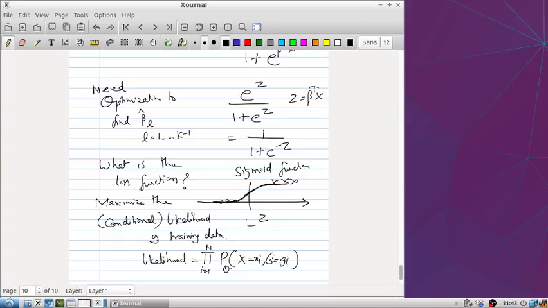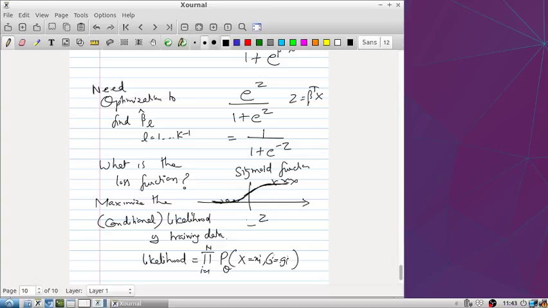is maximized. Now this is, I guess, the complete likelihood because it's looking at a joint distribution between x's and g's. I put a condition in bracket here because for logistic regression we are not thinking about the joint distribution.